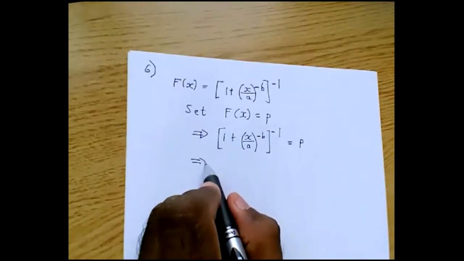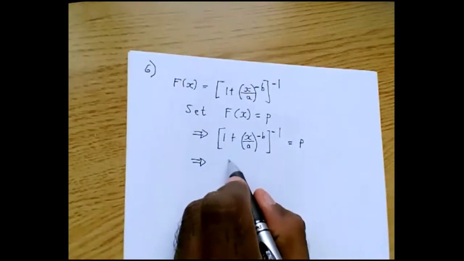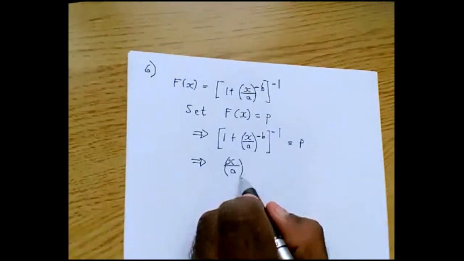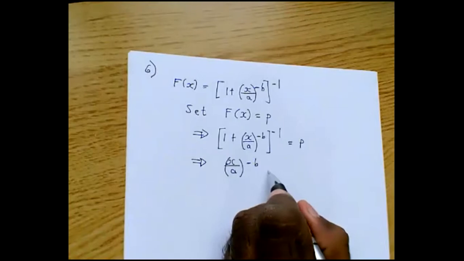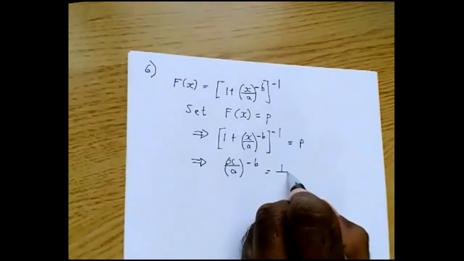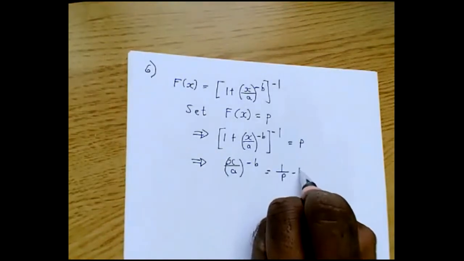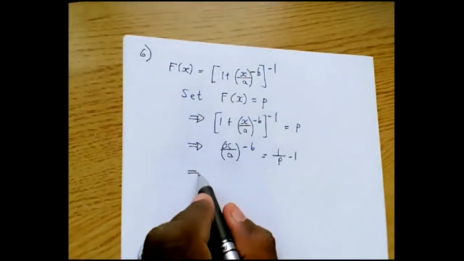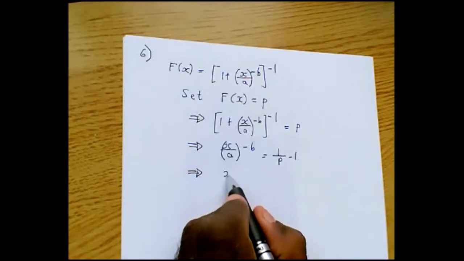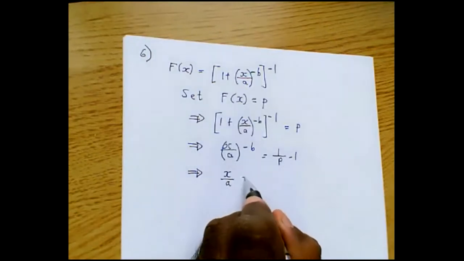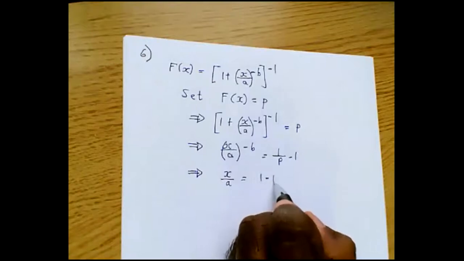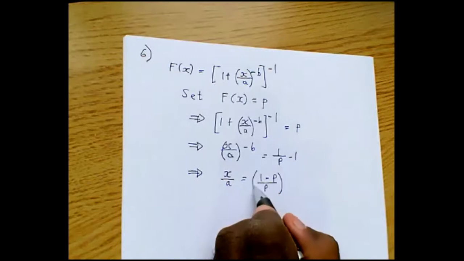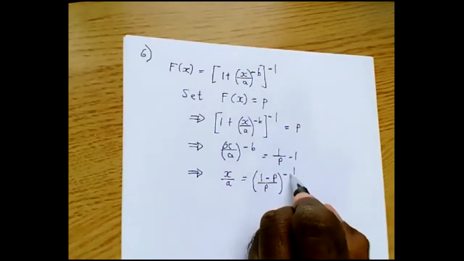And this implies that x over a is equal to 1 minus p divided by p to the power minus 1 over b.